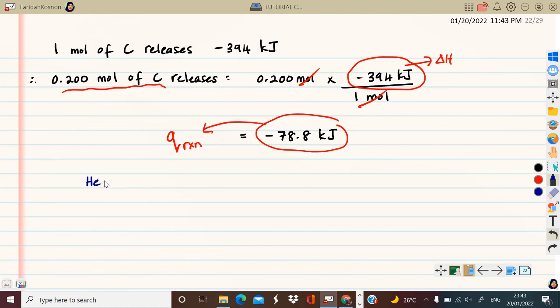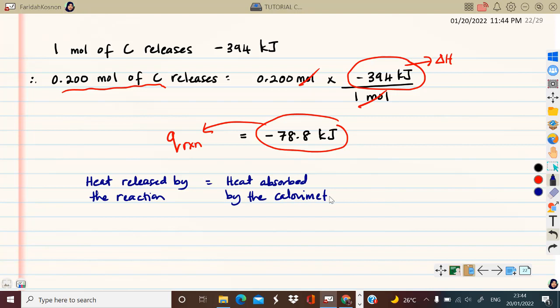So kita akan tuliskan dulu perkaitan ini. Heat release by the reaction equals to heat absorbed by the, oleh kerana tak ada water, so kita abaikan Q water, kita terus pergi pada by the calorimeter.